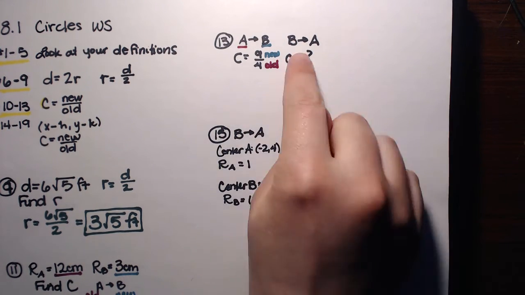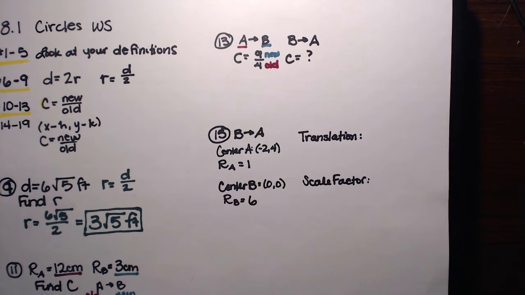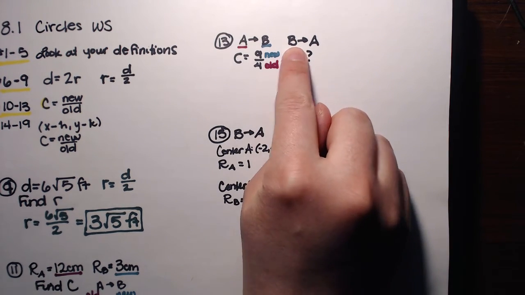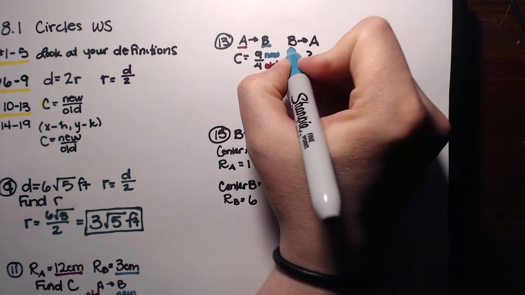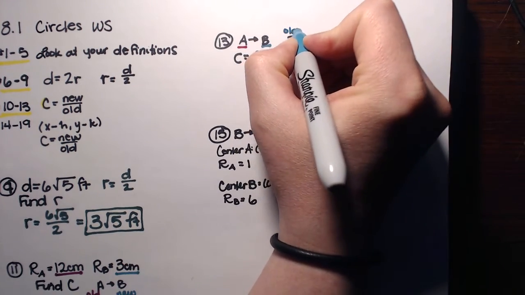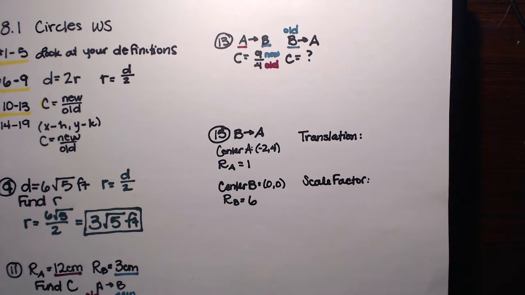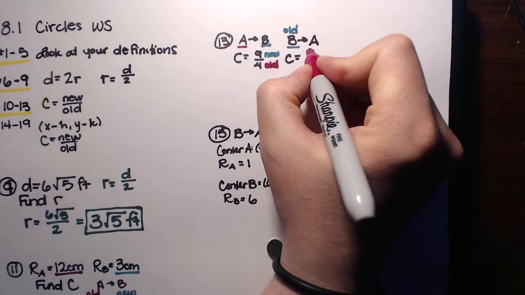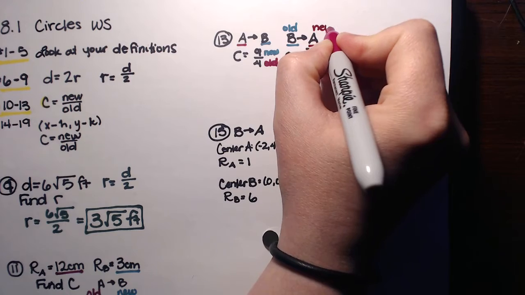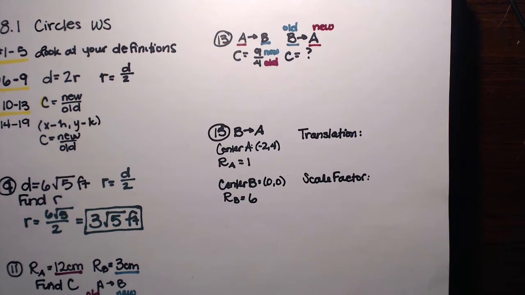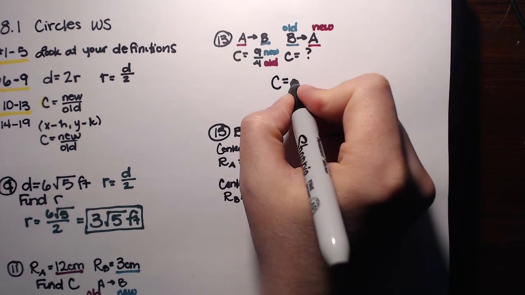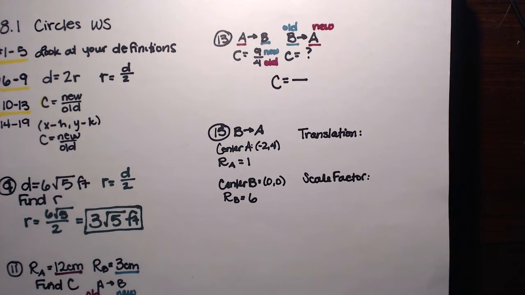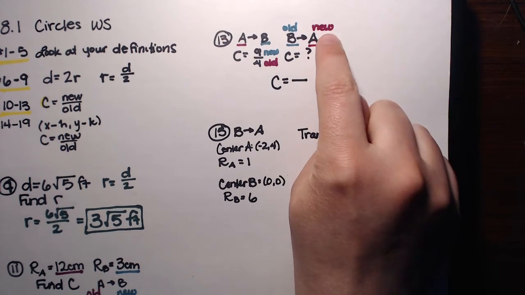But that switches places if I'm going in the other direction. So now this one's the old one, and this one's the new one. So my new C value, I want the new one in the numerator.